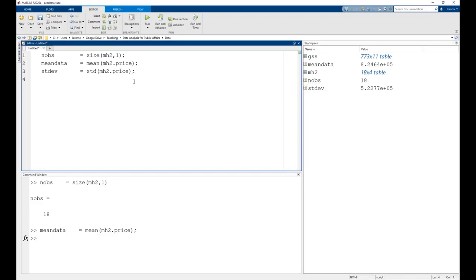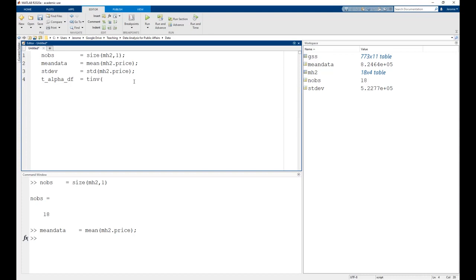Then we have to calculate the value associated with the student distribution that leaves 2.5% in one tail. Let's call this t alpha, based on the degrees of freedom.